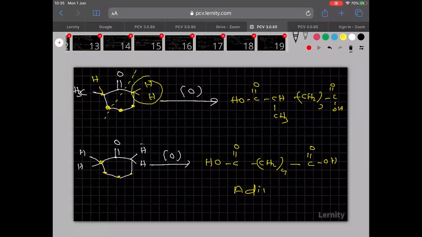This compound is said to be adipic acid. Clear? So in this way, unsymmetrical ketones undergo oxidation according to Popov's rule. Right. Now, the remaining chemical properties we are going to see in tomorrow's class.